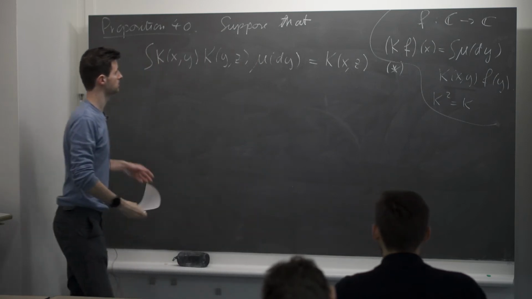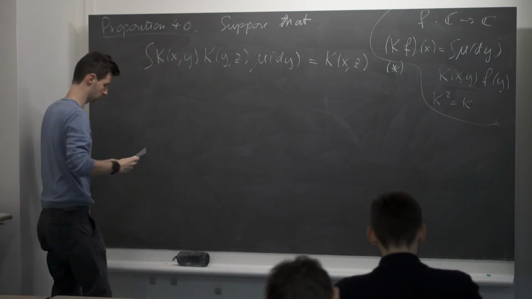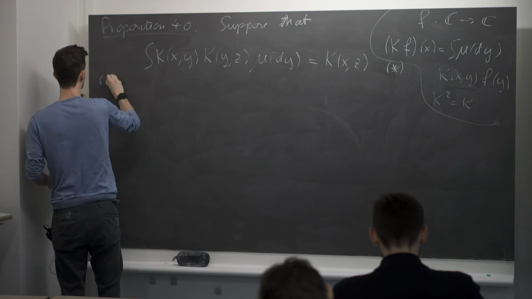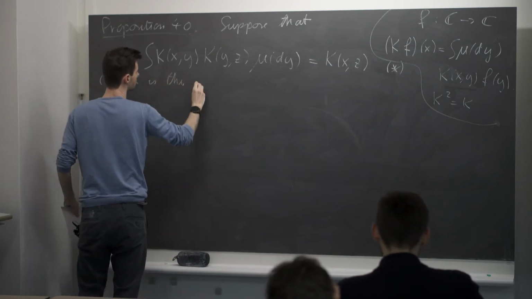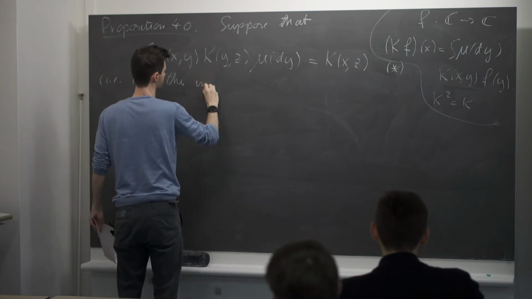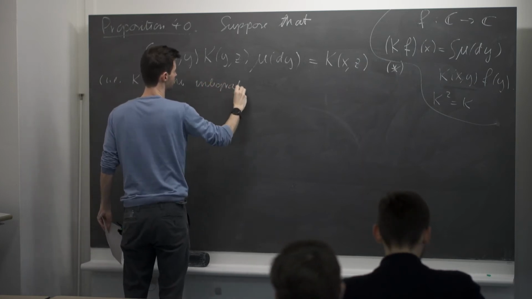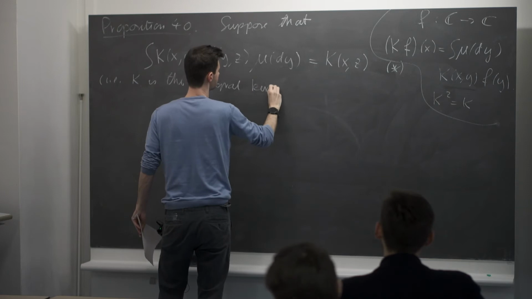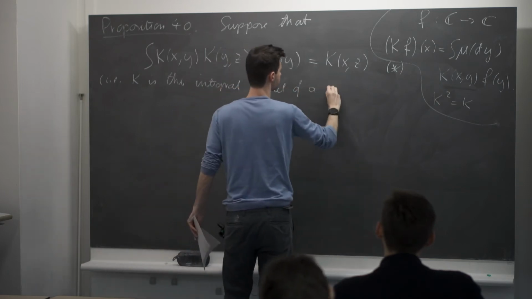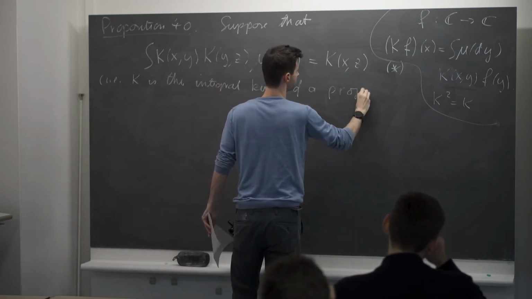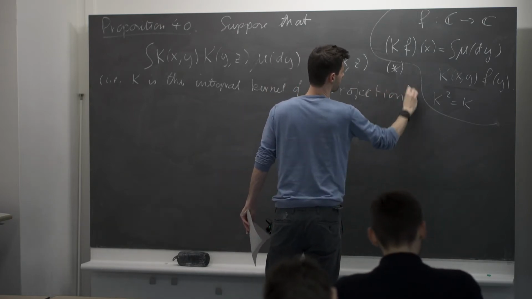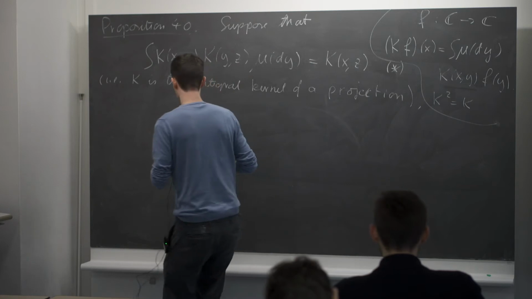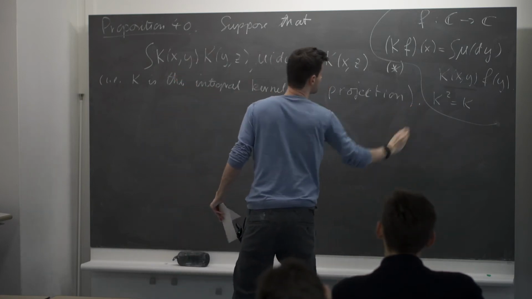So this is the equation star. So this means that k is a projection. It is the integral kernel of a projection. So let's suppose that.